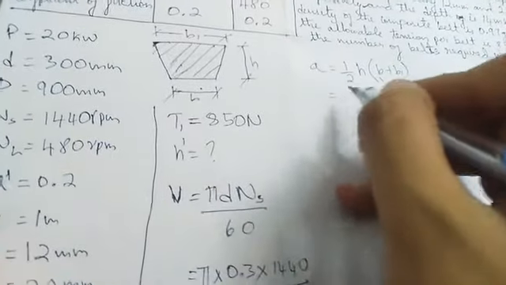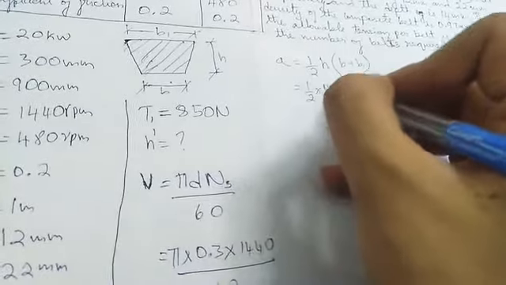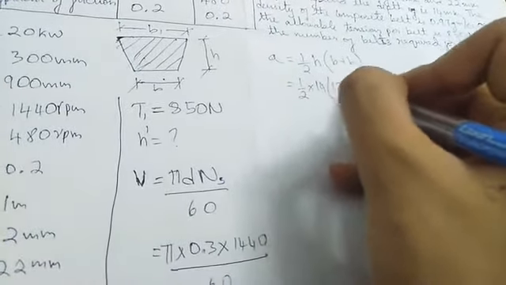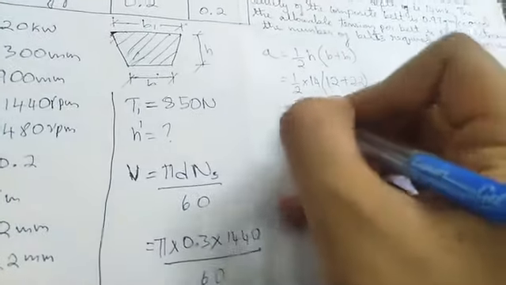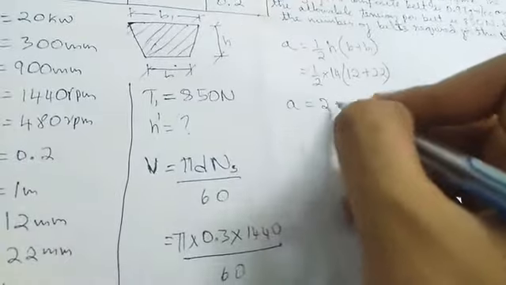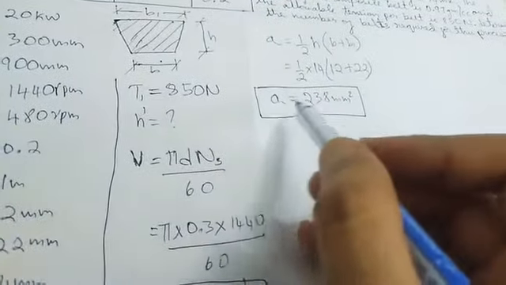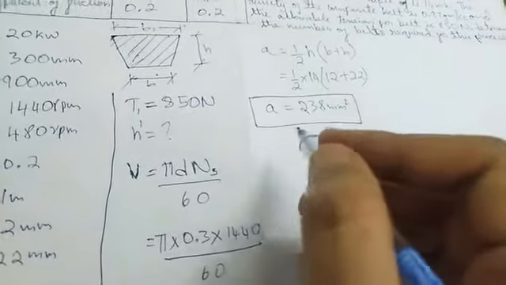So this is the area of trapezium. So the area of trapezium is given by 238 mm square.